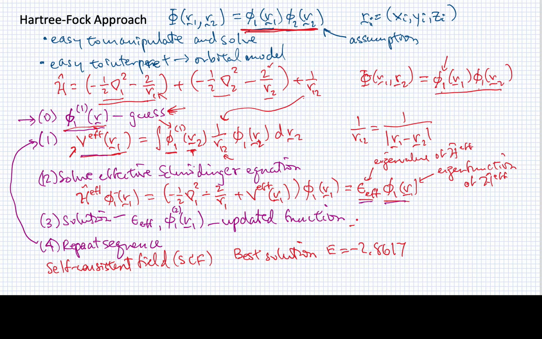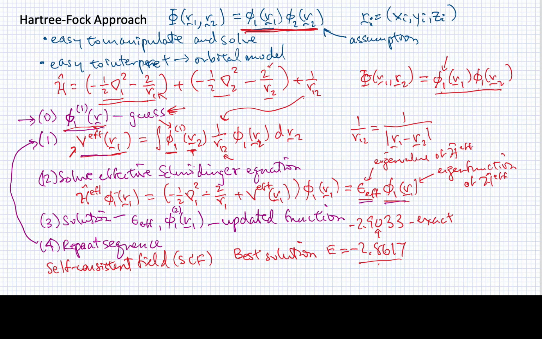I'll remind you that minus 2.9033 is the exact result. So even though we've used the best possible wave function here, this is as far as we can get. This is as close as we can get to the right answer. And this is something called the Hartree Fock limit.